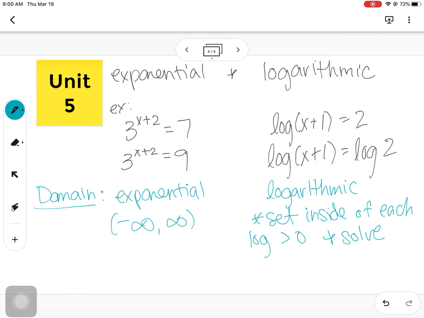So for example, if I do that for this one, I would do x plus 1 has to be greater than 0. I would get x is greater than -1. Again, if you graph that, just to help you out, it's an open circle and all the numbers to the right. So my domain of my made-up problem here would be a parentheses -1 to infinity.